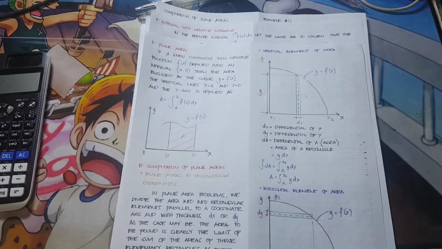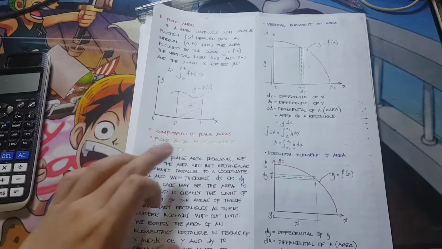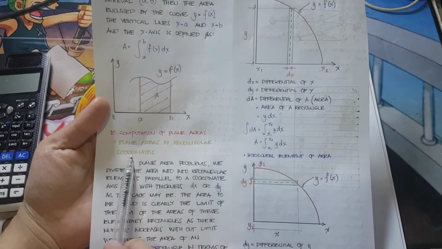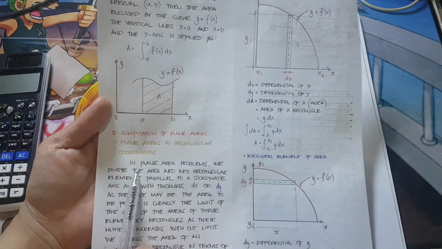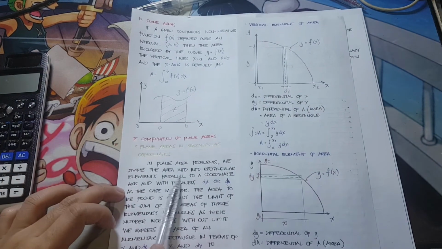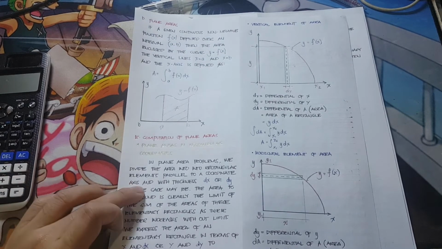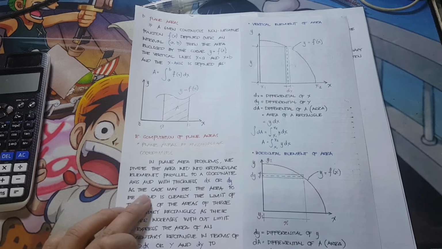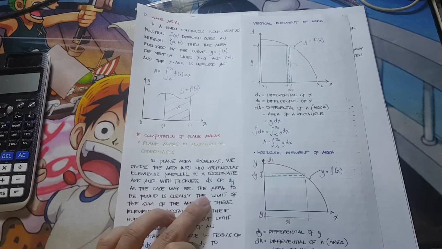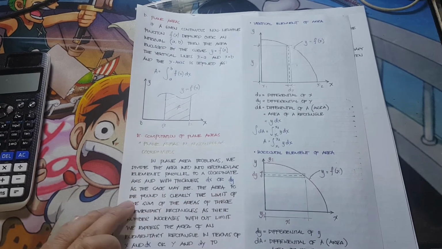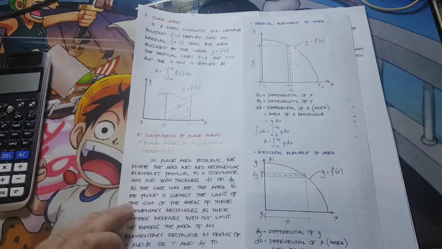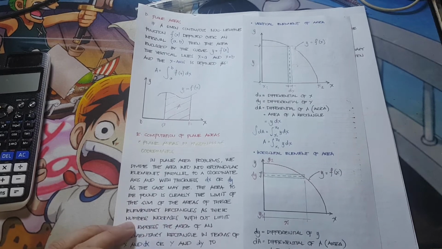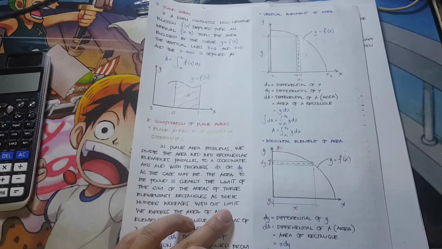Okay? So, for the computation of plane areas in rectangular coordinates. In plane area problems, we divide the area into rectangular strips with thickness dx or dy, as the case may be. The area to be found is clearly the limit of the sum of the areas of these elementary rectangles as their number increases without limit.